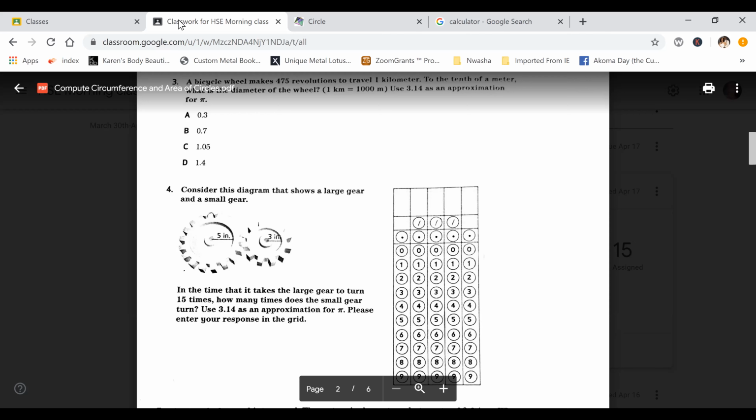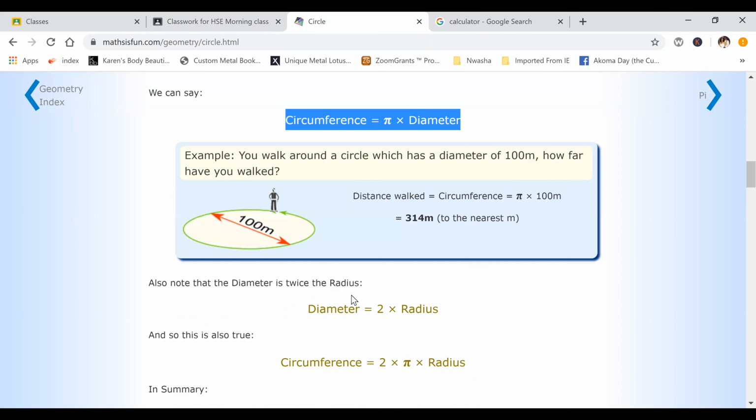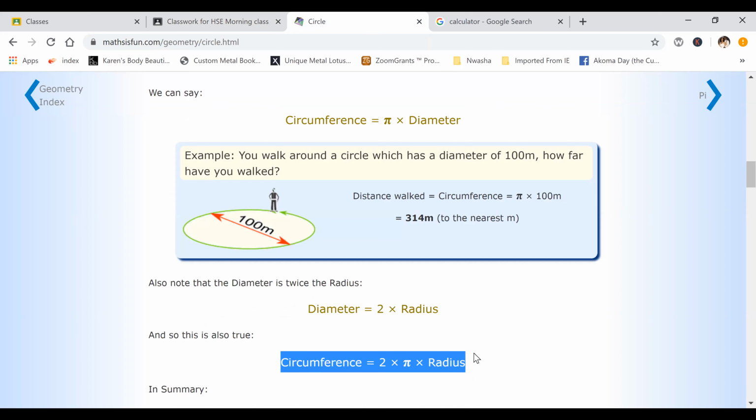Wait, how do you get that? Well, let me go back to this one. You could do this one. That circumference is 2 times the radius times pi, or circumference is pi times the diameter. So what I was saying when we first did circle, I just memorized pi d, because the area formula also has a squaring in it, that I just want to memorize just one thing.